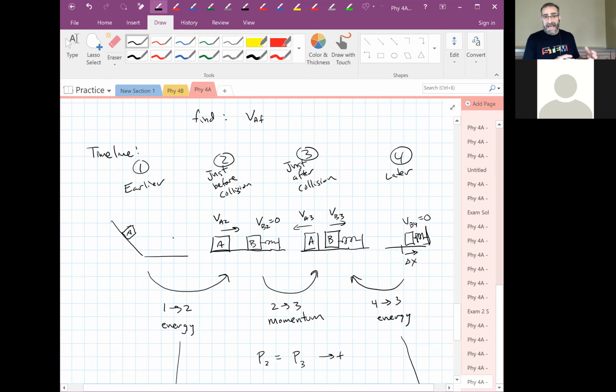All I care about is A going from 1 to 2. And going from 3 to 4, A does not interact with B at all either. All I care about is B and that spring. What's happening between B and the spring? A is moving with some energy, and it continues to move with that energy forever. So it's the same in 3 and 4, but all I care about is block B and the spring.